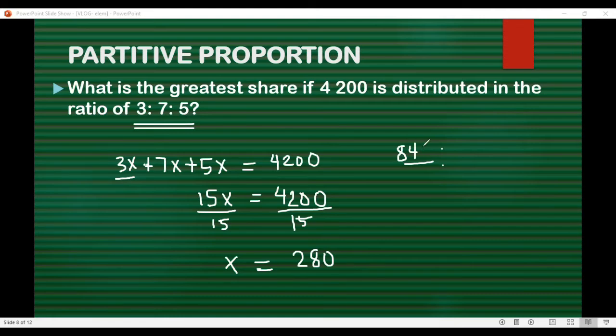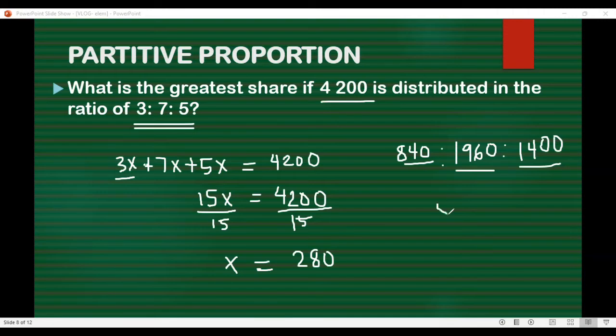The other one is 7 times 280, and multiplying 7 times 280, we are getting 1,960. And the other one is multiplied by 5. If you multiply 5 times 280, the result that we are getting is 1,400. So these are actually the numbers now with a total of 4,200.